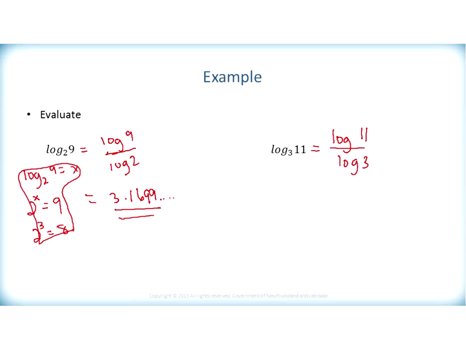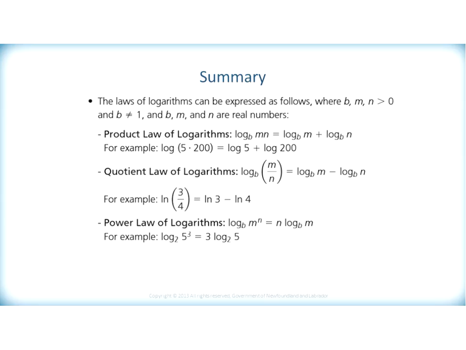And that will give us 2.18265. Which makes sense since 3 to the x would equal 11, and we know that 3 to the 2 would equal 9. So it must be a little bit more than 2 to give us 11. So now we can keep this strategy in mind.